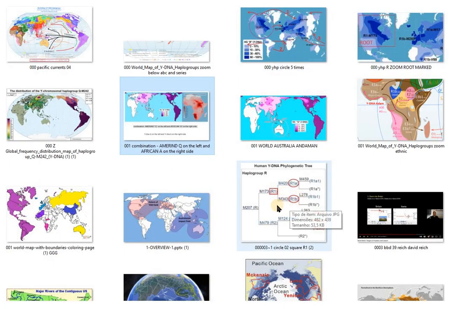So this map here is associated with R, and this is an older migration.